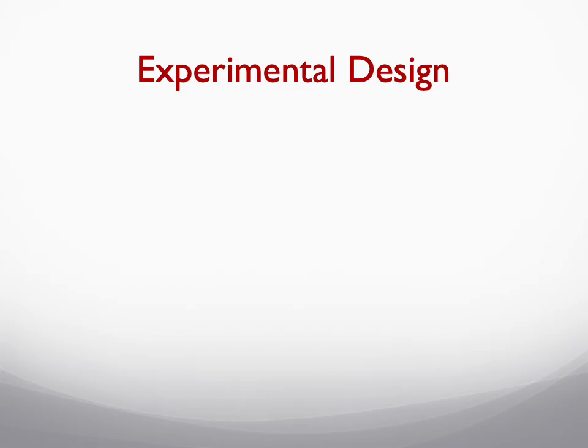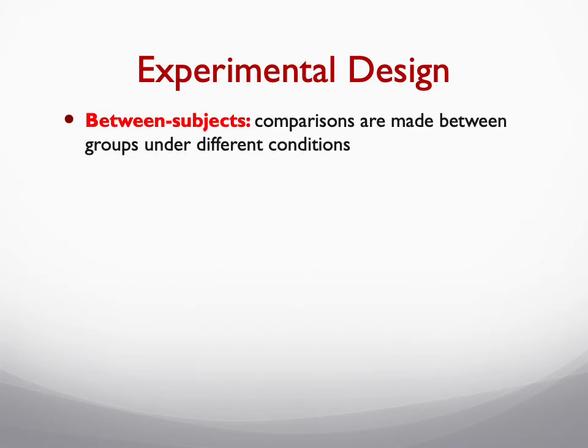Now, within the confines of that kind of design, there are different structures of experimental designs that I can imagine. One key point of differentiation is that for experiments, I can have what's called a between subjects comparison. These are going to be comparisons that are made between different groups under different conditions. So I'm comparing groups between each other.